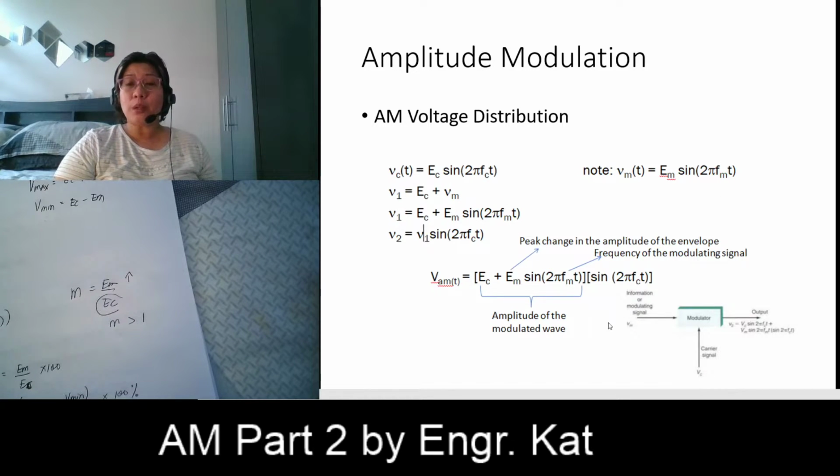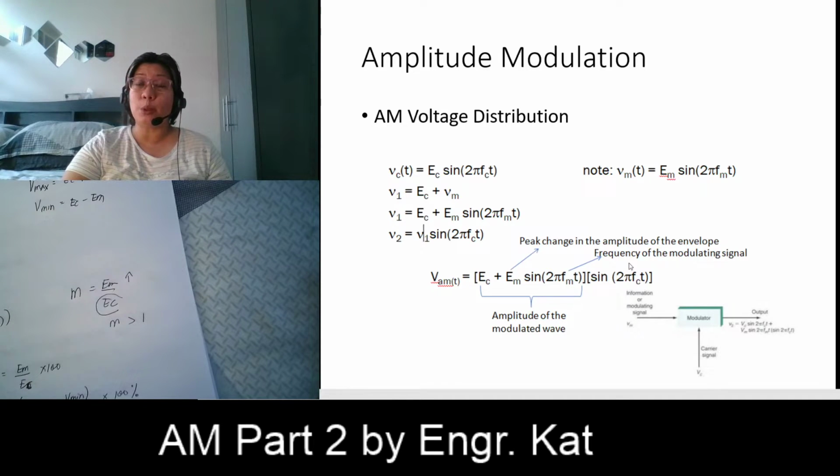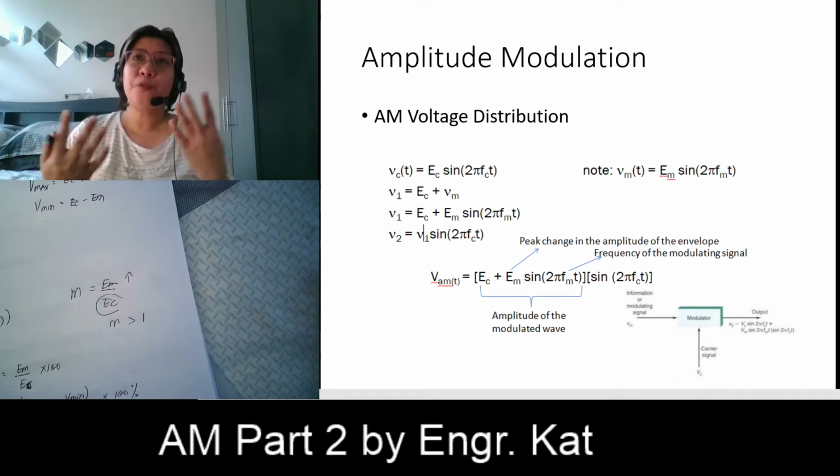So what is now the output for our AM? The output for our AM is this one. As you can see, if we distribute this, this is EC multiplied by sine 2 pi FCT. So what do we have there? We just have your original carrier signal. Remember from our discussion in the previous video, the modulator has four outputs.